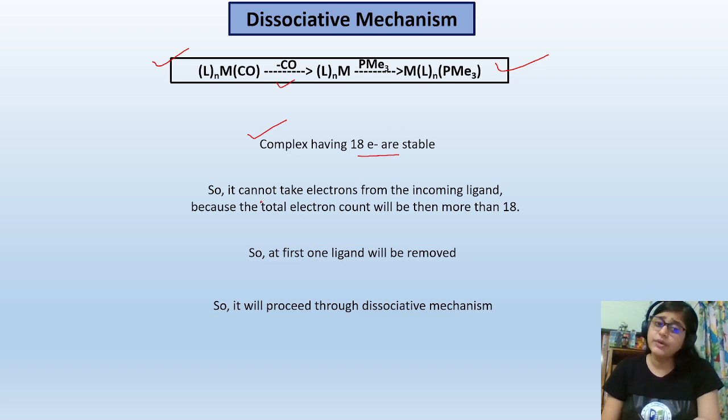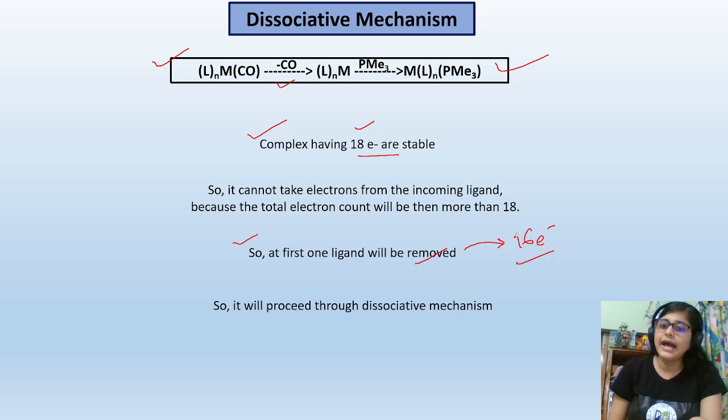So it can't take any electron from the incoming ligand, it doesn't have any urge for electrons. So first one ligand will be removed so that it goes towards 16 electrons or something like that, and now it has an urge for electrons, and then the new ligand will sit on it. So it will proceed by the dissociative mechanism.